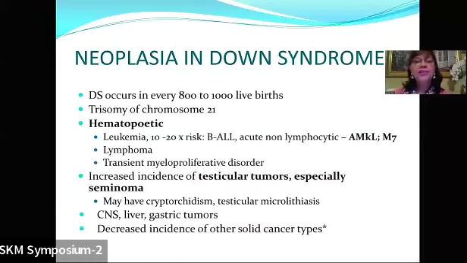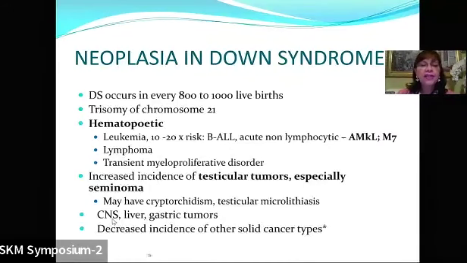So what are some of the tumors seen in Down syndrome patients? You have hematopoietic lesions such as leukemia, ALL, and also acute megakaryoblastic leukemia. And then lymphomas, as well as in infants, the transient myeloproliferative disorder. There's increased incidence of testicular tumors, especially seminoma, particularly if they have cryptorchidism or microlithiasis.